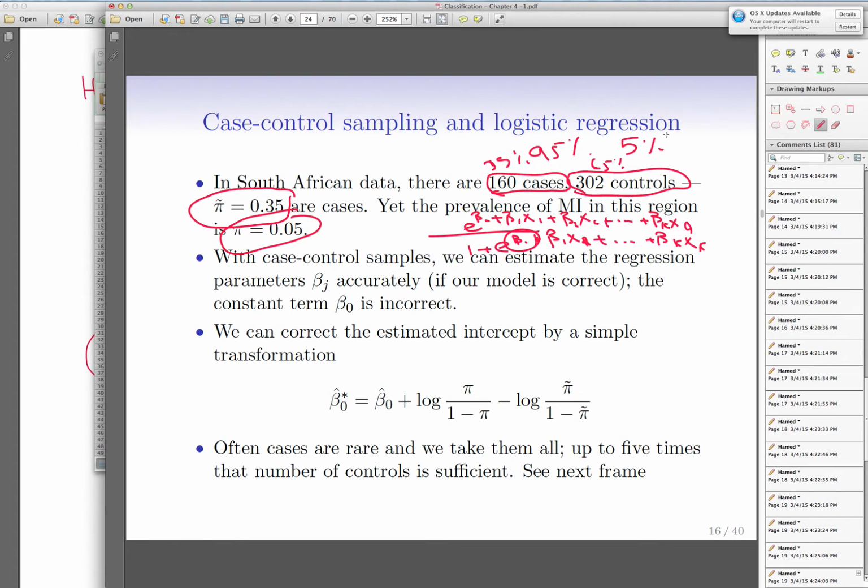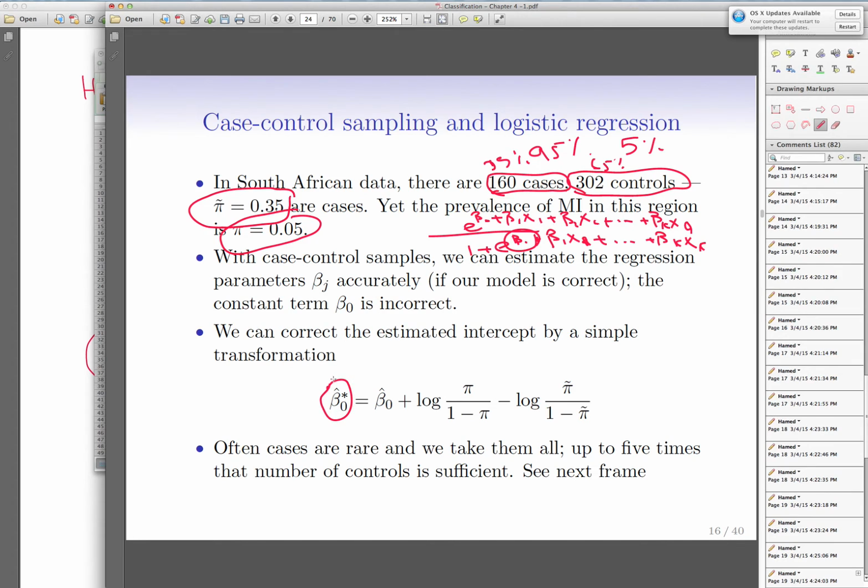So for example, if you use a data set that has 35% heart attack rate in comparison to 5% in reality, the beta you get will be more than what you should have got. But you can easily adjust that beta by this transformation.